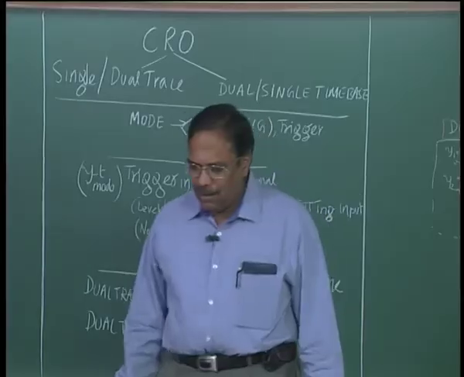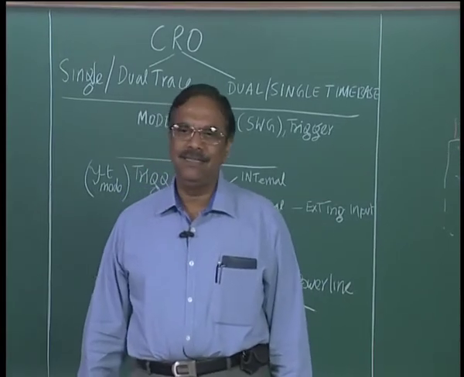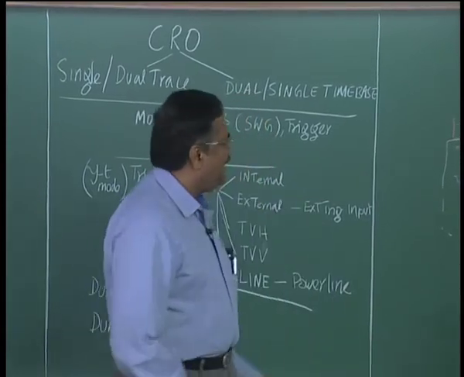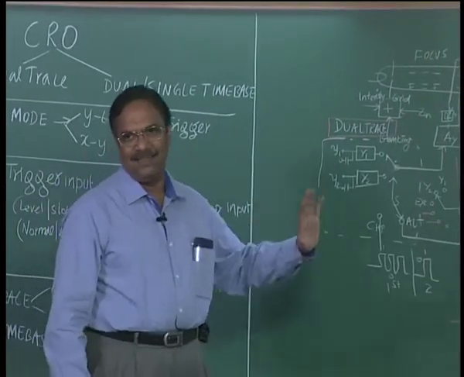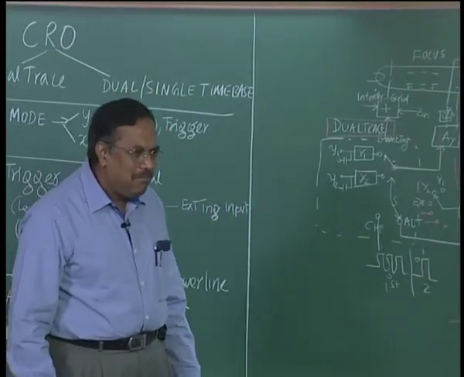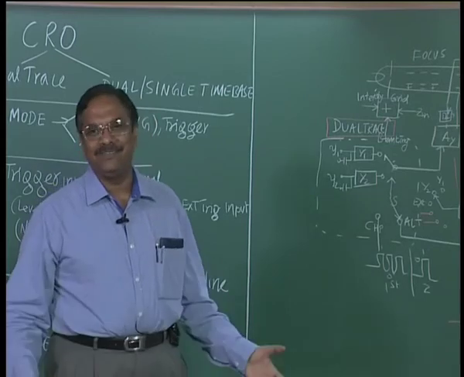Now, after the manufacturing of all these kinds of oscilloscope, people realized that however complex they are, we can see using this kind of oscilloscope only signals that are repetitive.